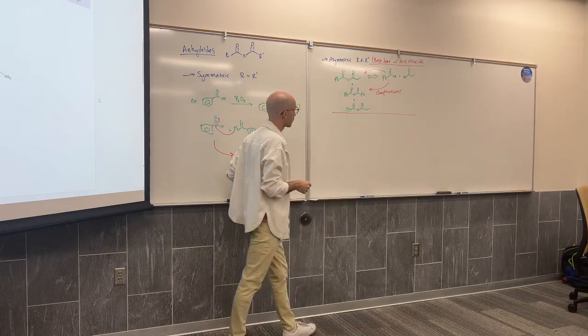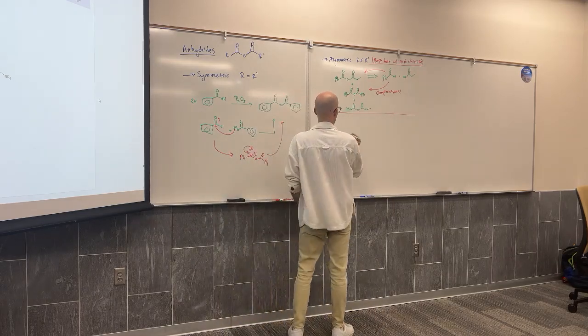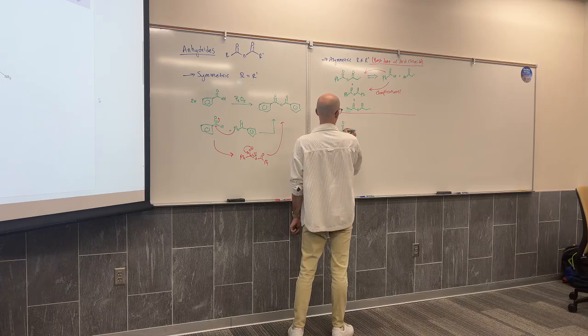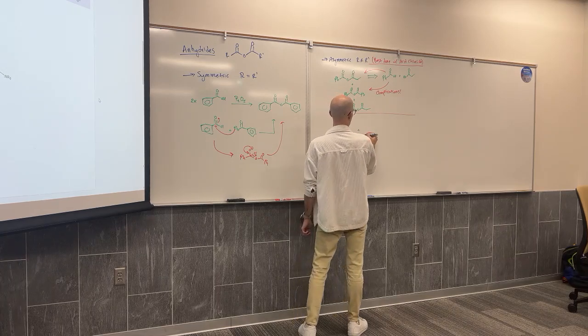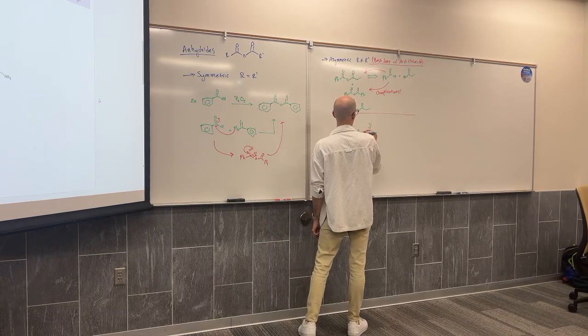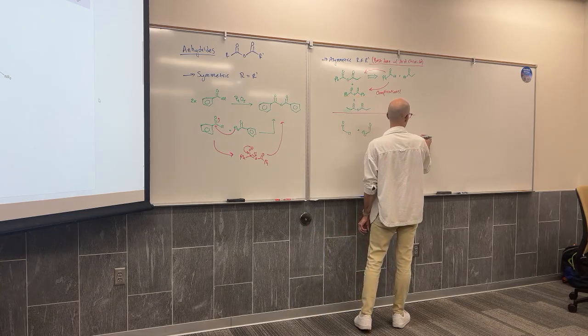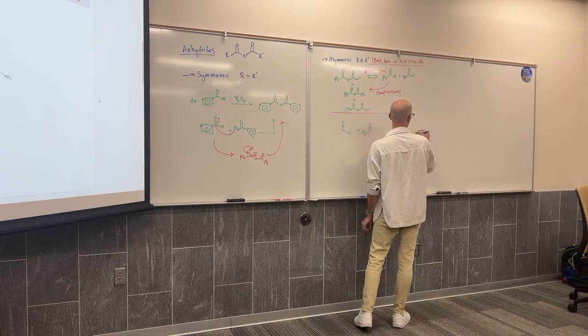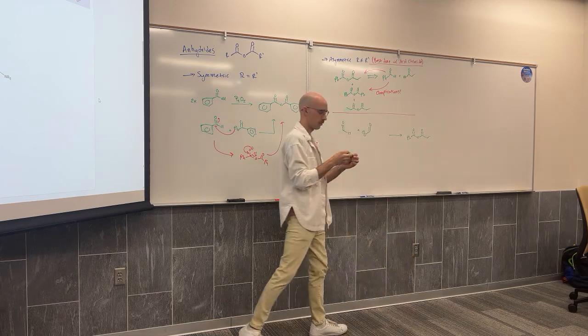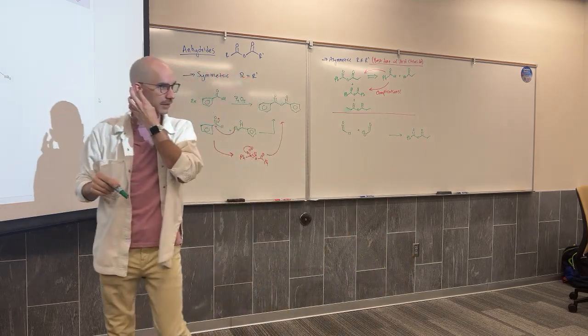So can you guys give me an acid chloride and a carboxylate that react together to give me this benzoic propanoic anhydride?